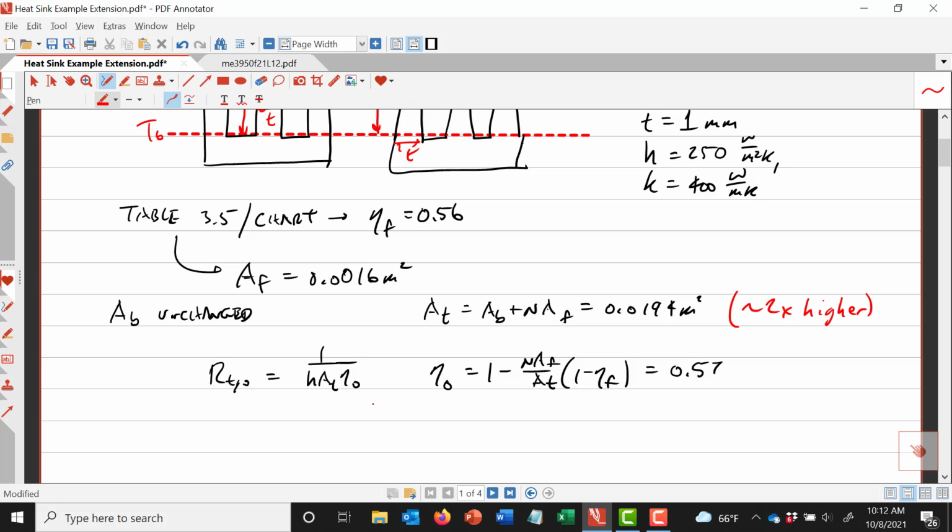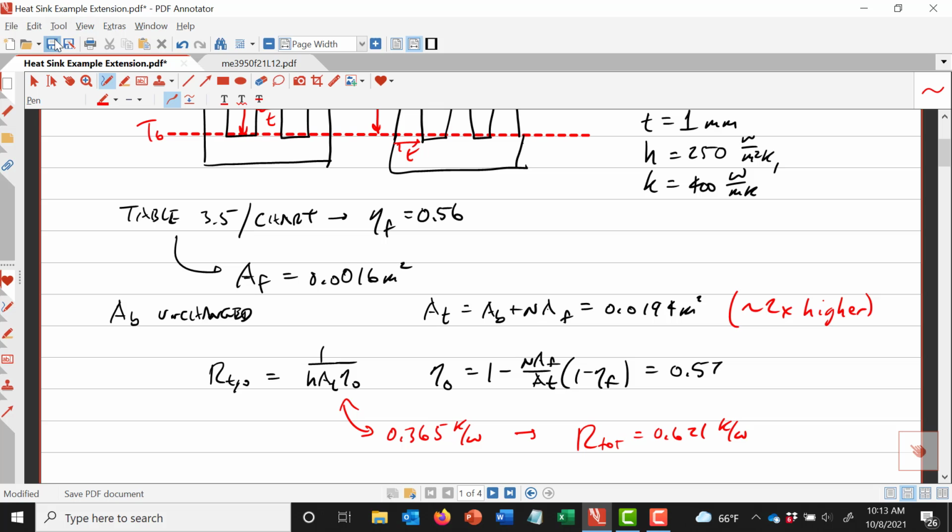So you plug in the numbers then to RTO. What you get then is RTO of 0.365. This then leads you to an R total of 0.621.